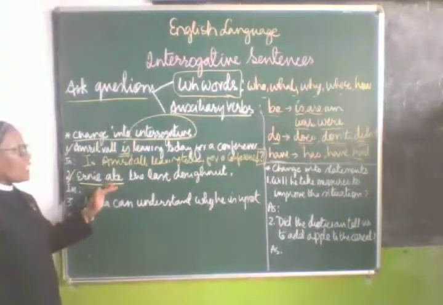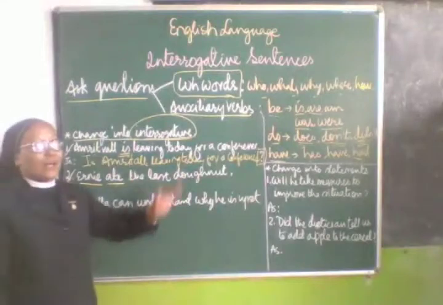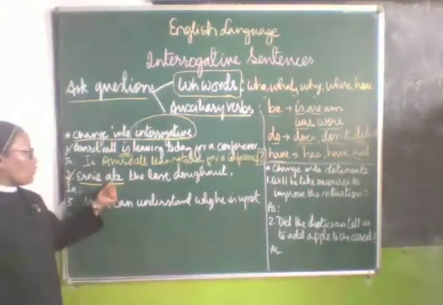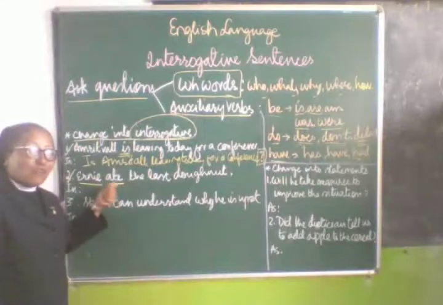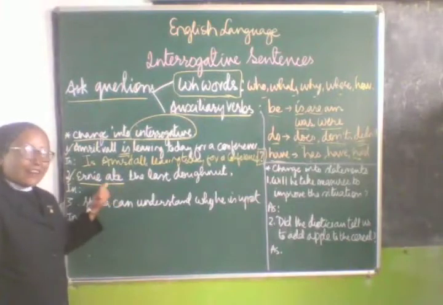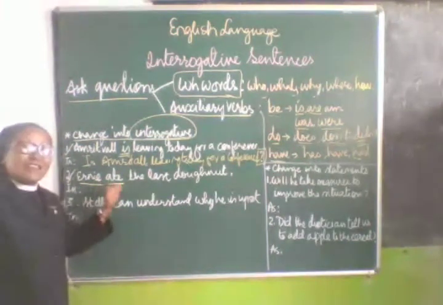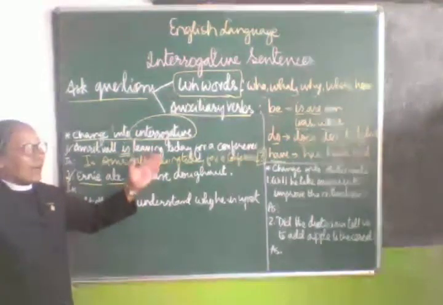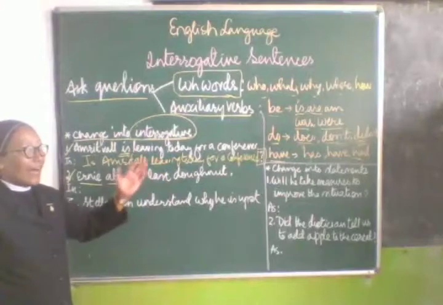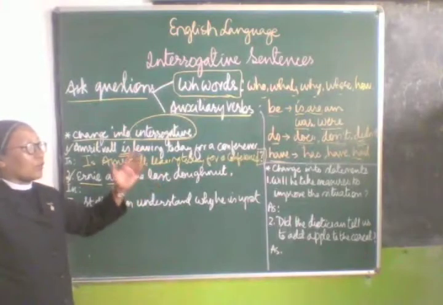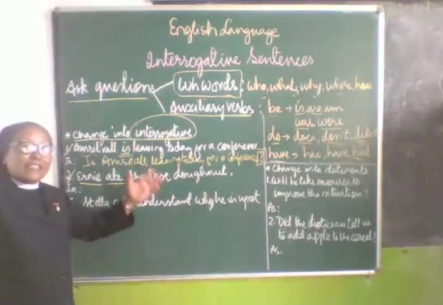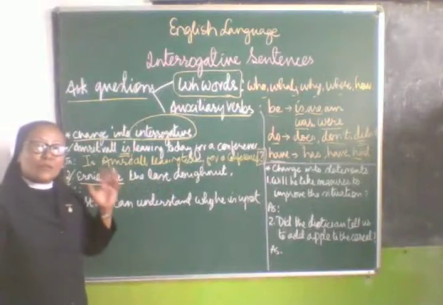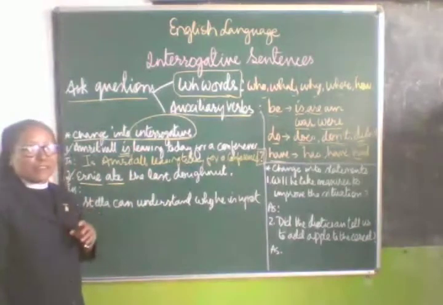Now I need to check what I need to use for the past form of the auxiliary verb for the singular subject. So I have does, I have do, and of course do will not go, because I can use that only for the plural subject or the first person.